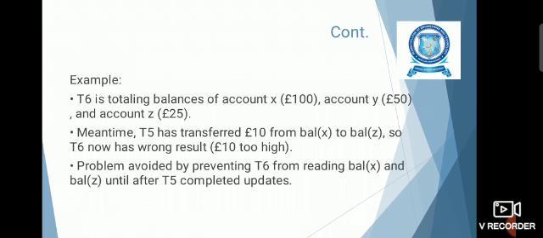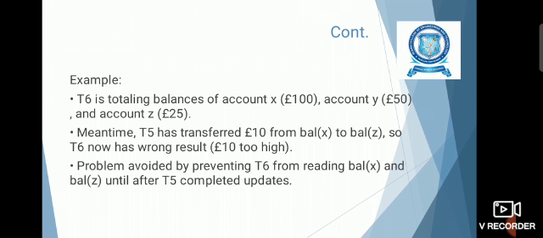We can also see another example. One transaction, T6, is calculating the total balance of accounts X, Y and Z. Meanwhile, another transaction T5 is modifying the account balances of X and Z. It is transferring an amount 10 from the balance of X to Z. So now T6 has a wrong result.